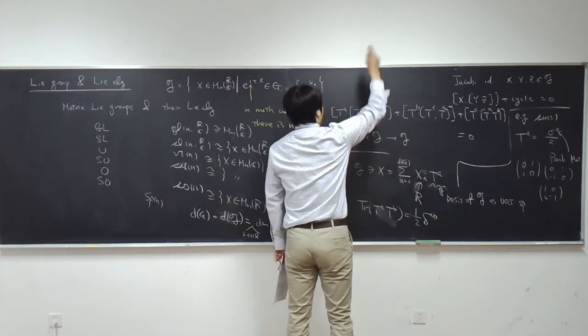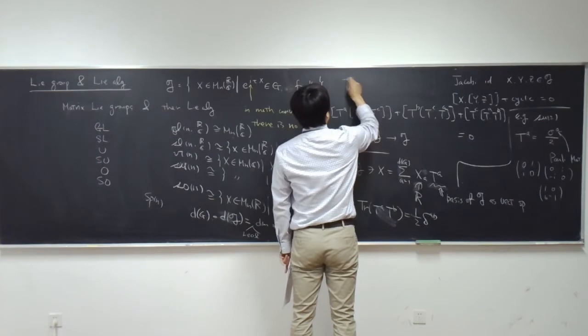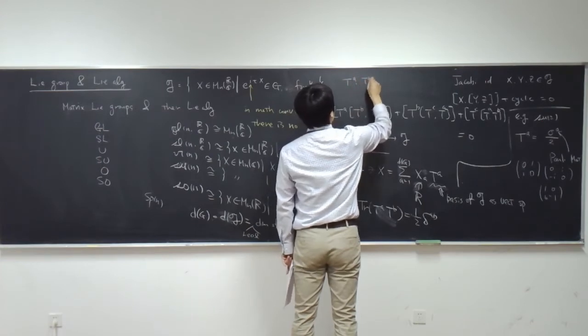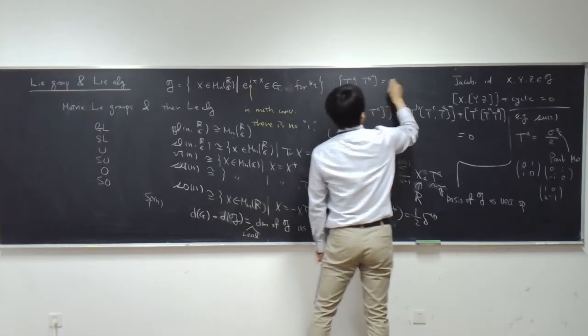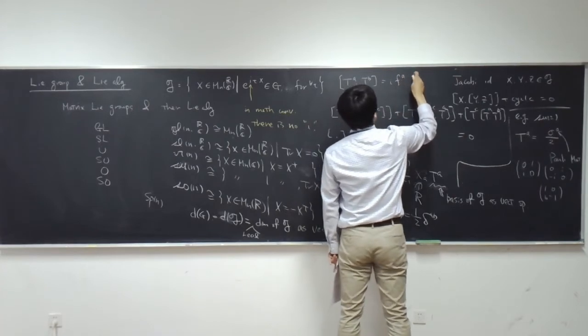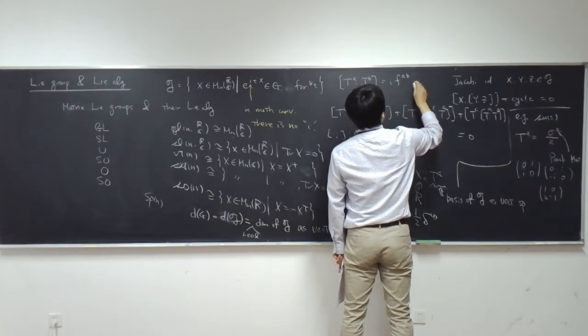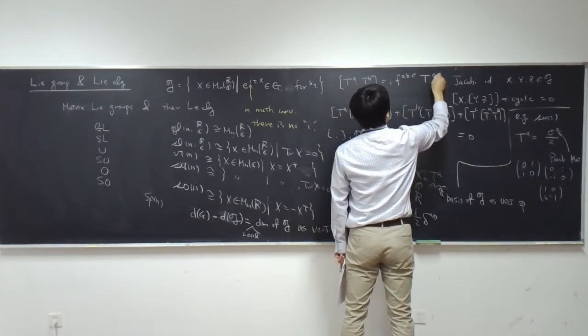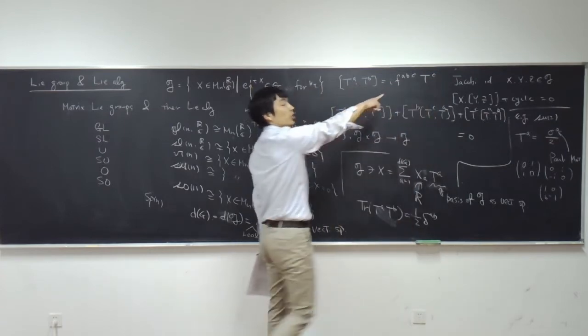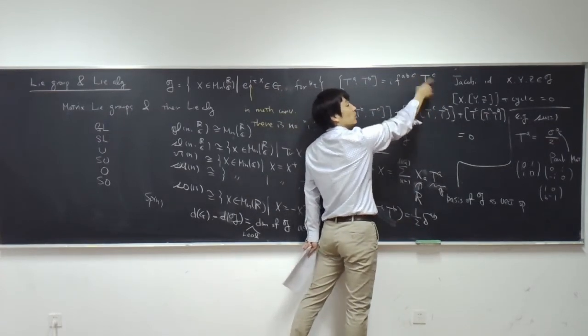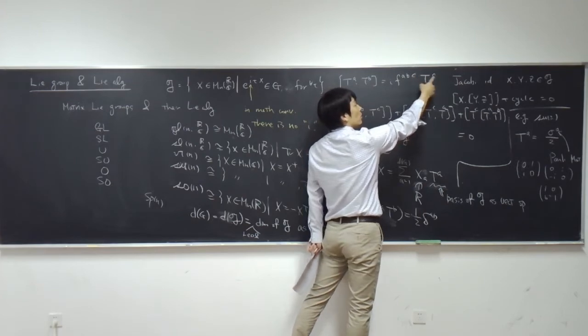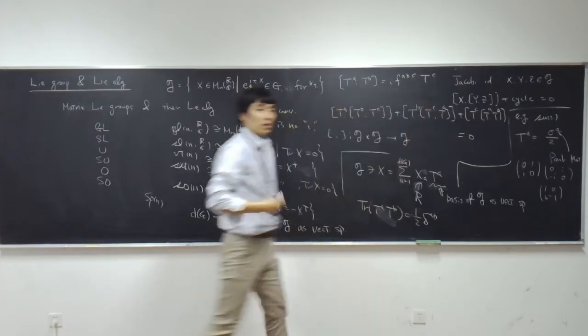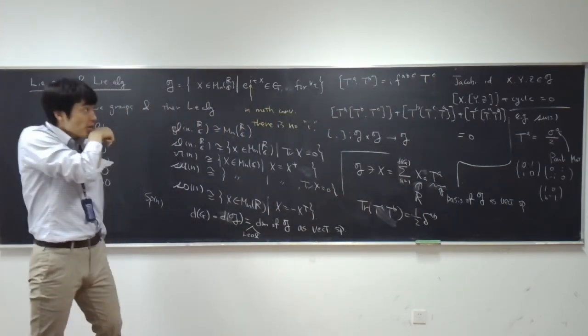And in fact I can write down this commutation relation as follows. In physics literature, people often write [T^a, T^b] = i f^{abc} T^c, where summation over the index c is assumed. That is the Einstein convention.